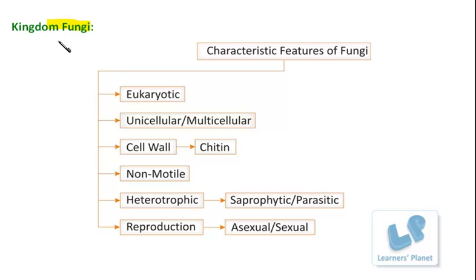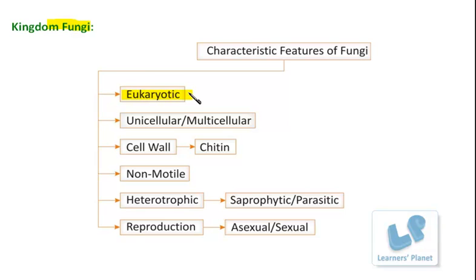Here we will not go into the subclassification of this kingdom, but let us understand the basic features of this group. The very first feature is that these organisms are made up of eukaryotic cells. You remember Monera is the group in which the organisms are made up of prokaryotic cells.